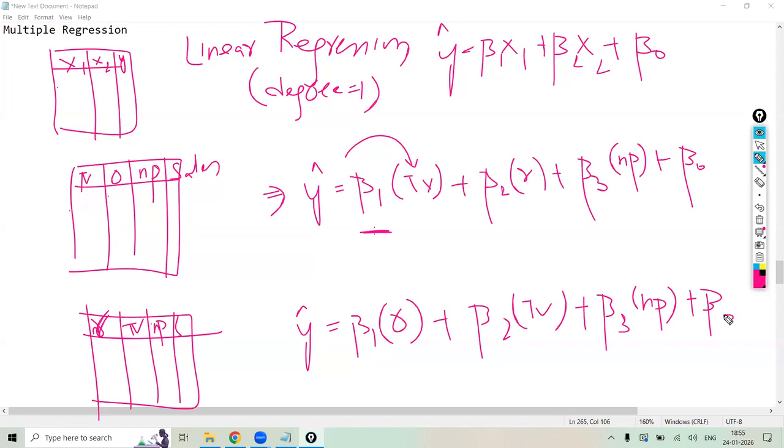Point is clear? Whatever the order of the equation you are having, first you should know how to calculate beta 1. How to calculate beta 1, everyone? What is the equation of beta 1? Open your notes. It involves x1 minus x1 bar.